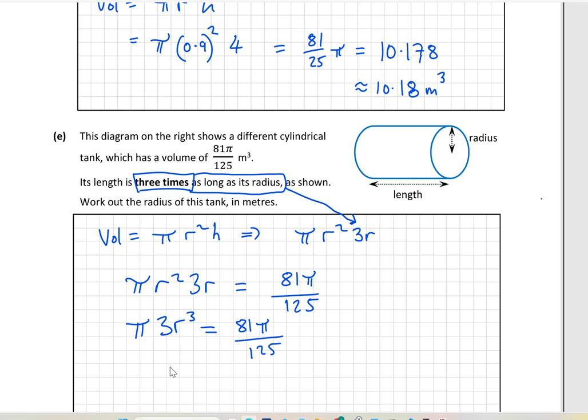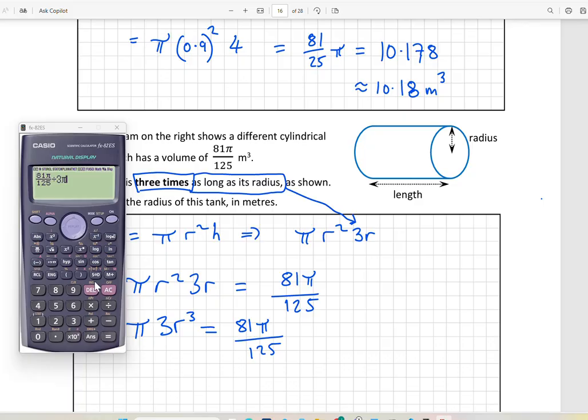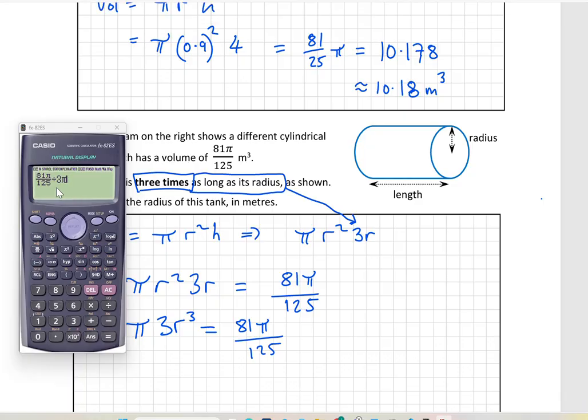So I need r by itself. I'll divide across by 3 pi. I've just entered that in the calculator. So I'm going to divide across by 3 pi, and that's going to give me 2.13.